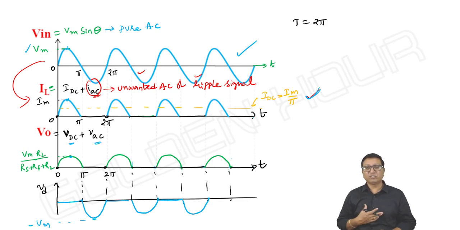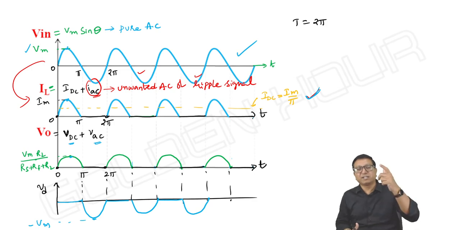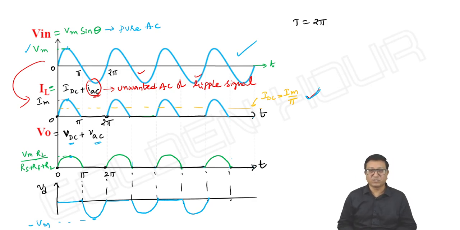So our concern is to have maximum DC, for which we try to choose a larger amplitude of the secondary voltage. At the same time, this large amplitude during negative cycles appears across the diode, which may cause avalanche breakdown, or even sometimes cause the diode to burn. Once avalanche breakdown takes place, it may lead to burning of the device. It's possible. We call it avalanche multiplication.